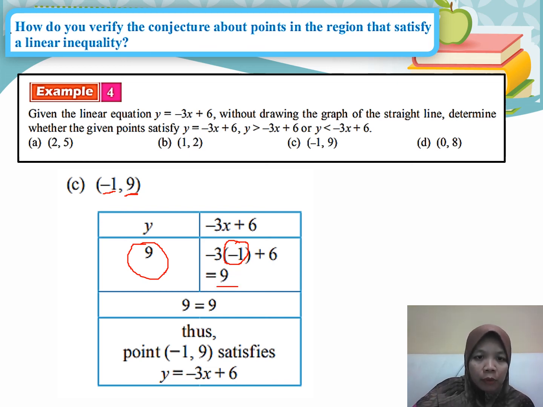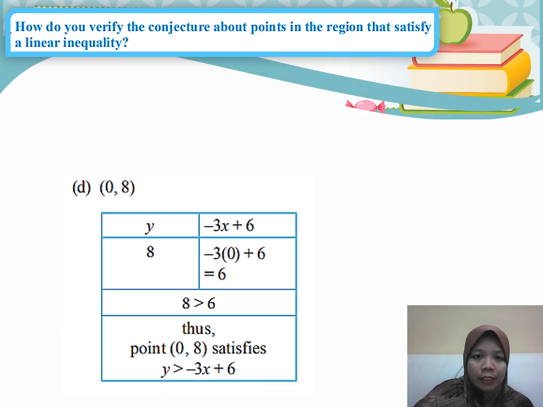So we know that 9 is equal to 9. The value of y is 9, and at this side we get 9. So this point negative 1, 9 satisfies y equal to negative 3x plus 6.